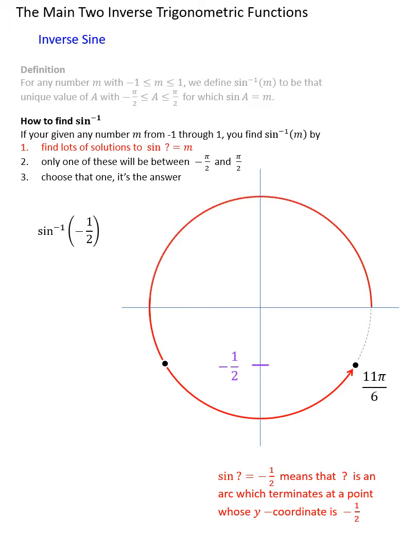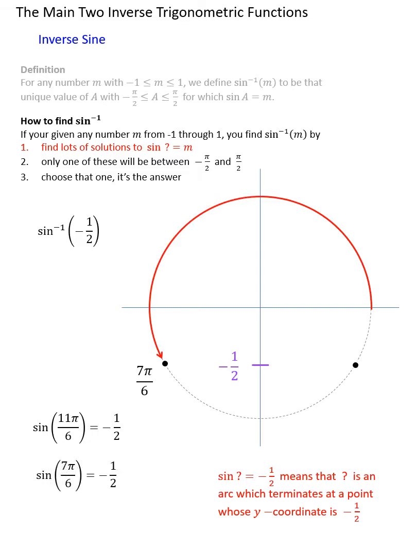And you'll also recall from your study of the unit circle that the sine of 11 pi over 6 is negative half. So this is just one of the lots of solutions in step 1. Here's another arc, 7 pi over 6. You'll also recall that the sine of that is also negative 1/2, hence another solution. Let's find one more.